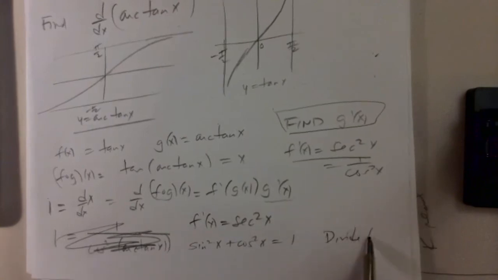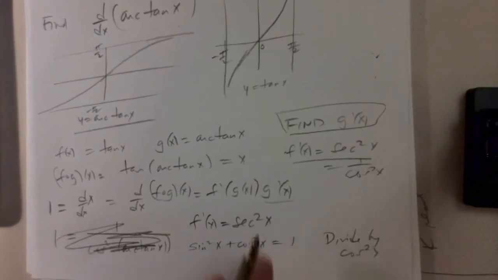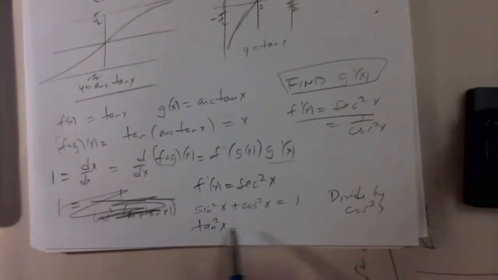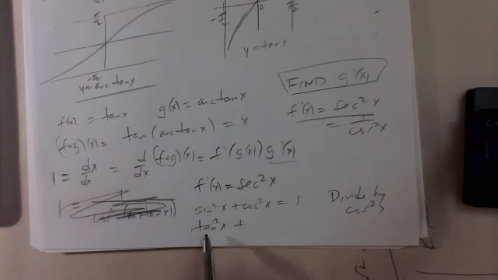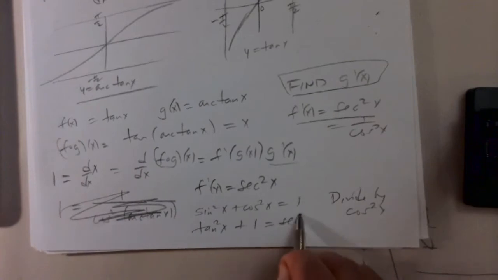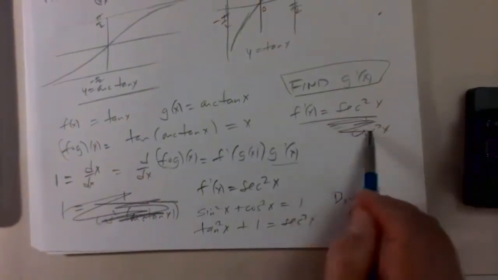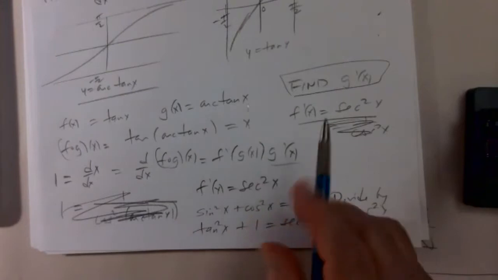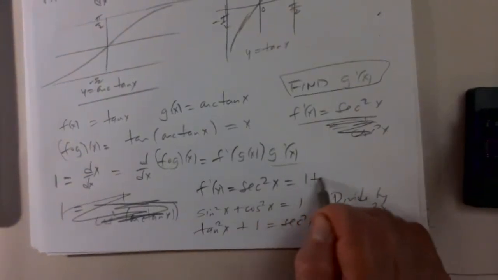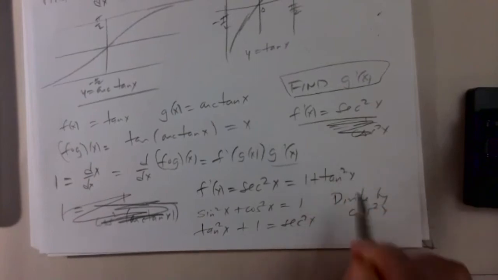If you divide by cosine squared x, you get tangent squared x, because sine over cosine is tangent. Cosine over cosine is 1. 1 over cosine squared is secant squared x. So f prime of x, which is secant squared, is the same as 1 plus the tangent squared of x.